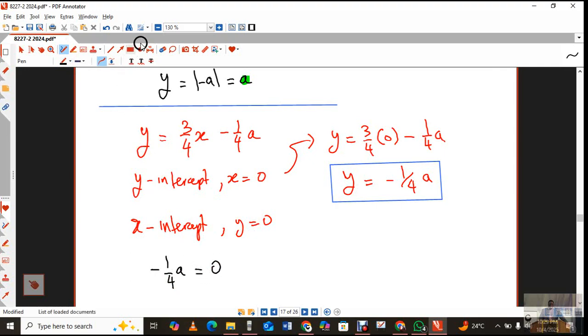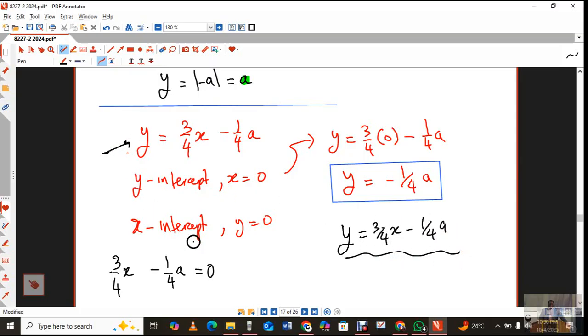No, that's not a correct equation. That's not all of it. It is not 3 over 4x is equal to 0. That's the equation, because the equation was y equals 3 over 4x minus 1 over 4a, no?